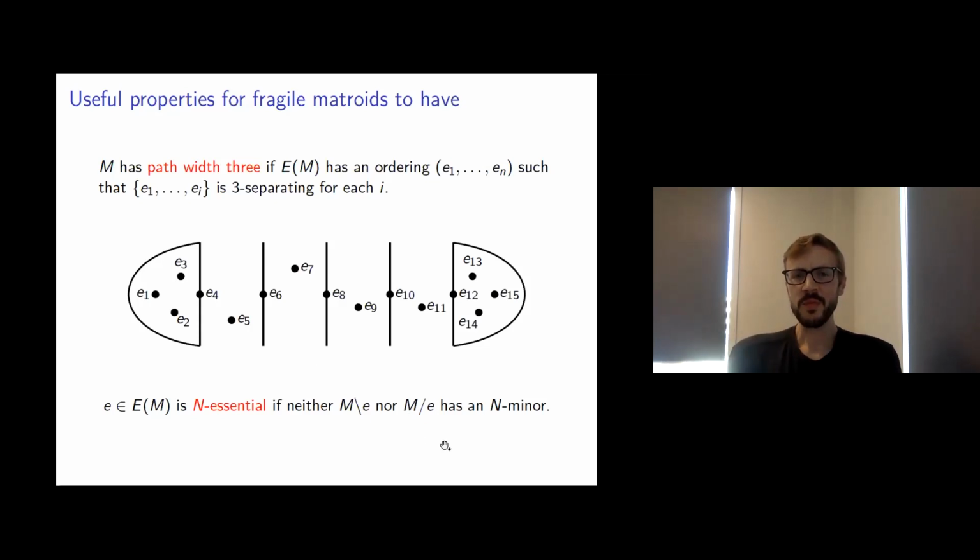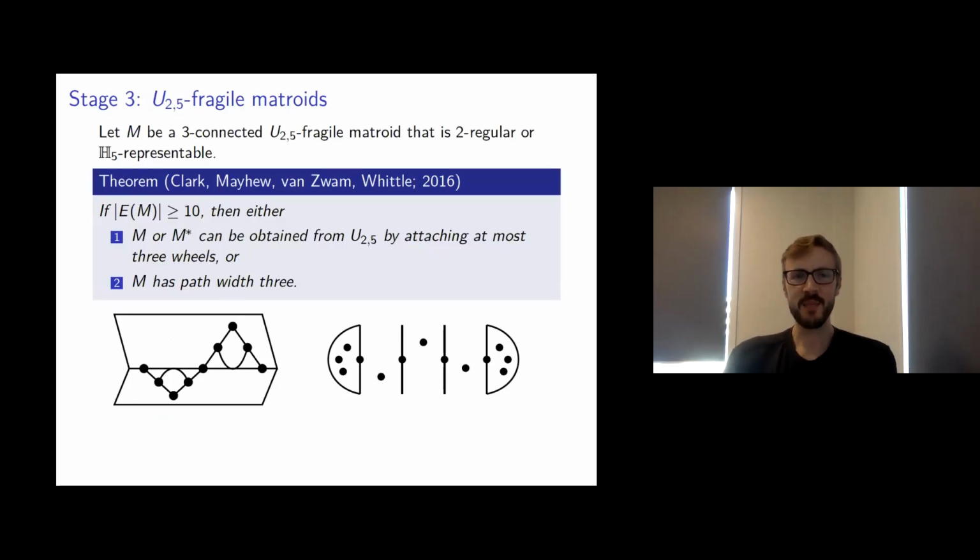Okay, so now we actually come to what Clark, Mayhew, Van Zwam, and Whittle showed about these U2,5-fragile matroids. They showed that if you've got a U2,5-fragile matroid that's in one of these two classes, it's either k-regular or Hydra-5 representable, and it's sufficiently large, then you get one of two families of things.